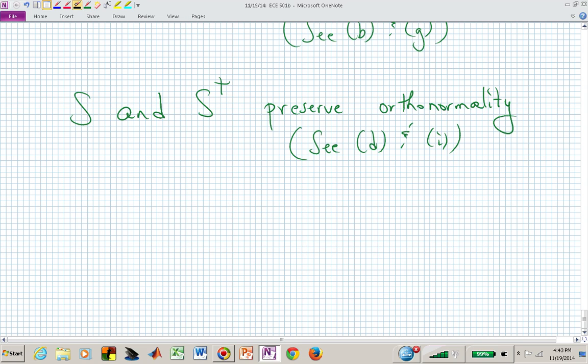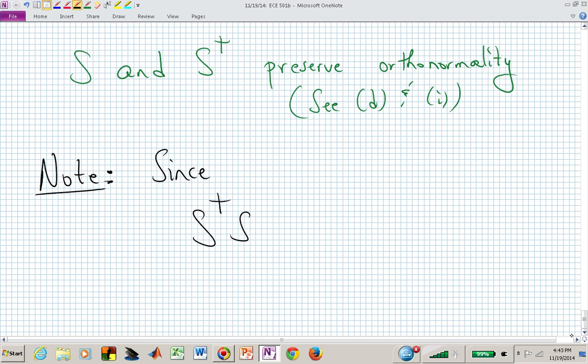Something else that we can notice by examining these relationships a little bit more: we learned that S dagger S was what?